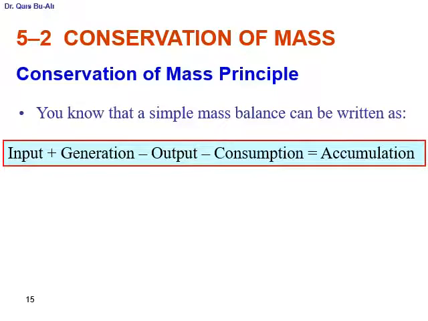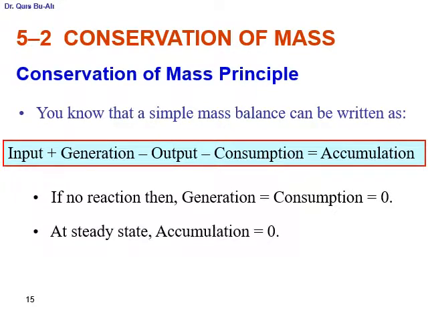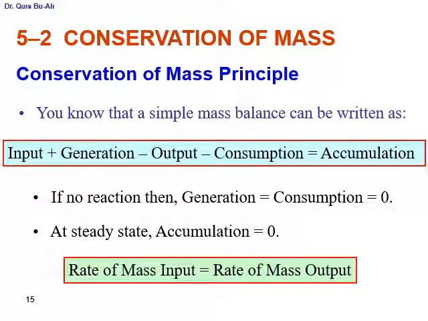Now this is the conservation of mass principle. Also, you know this from previous courses: input plus generation minus output minus consumption is equal to accumulation. If there is no reaction, then generation equals consumption equals 0. And if we have steady state, then accumulation equals 0.